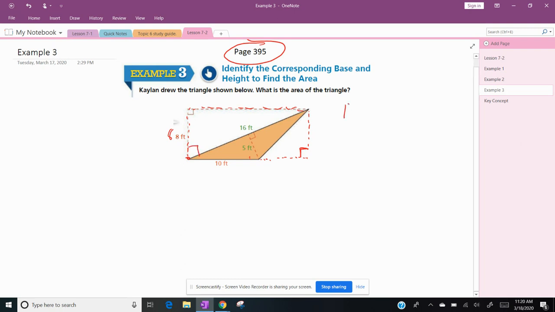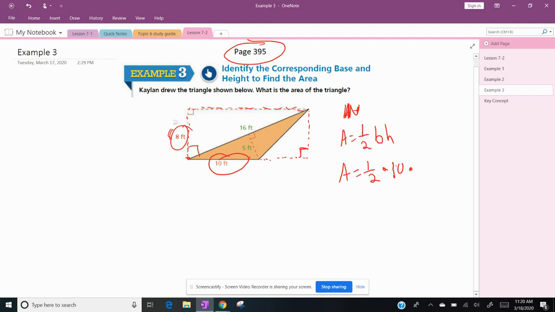So I'm going to say area equals, I'm going to start with the formula. Area equals 1/2 base times height. So for a triangle, it's going to be area equals 1/2. We're going to say our base is 10 right there. So 1/2 times 10 times our height, which has to form a 90-degree angle.